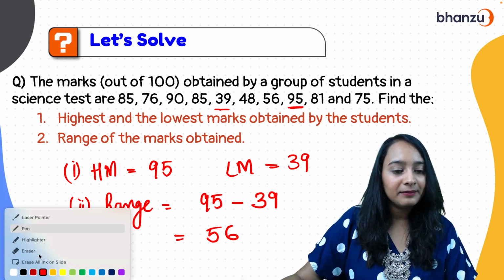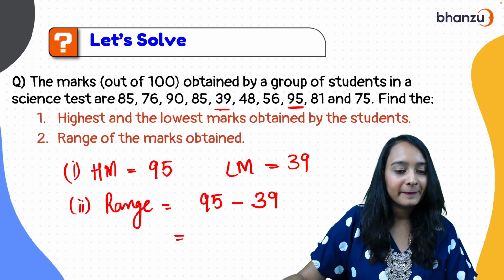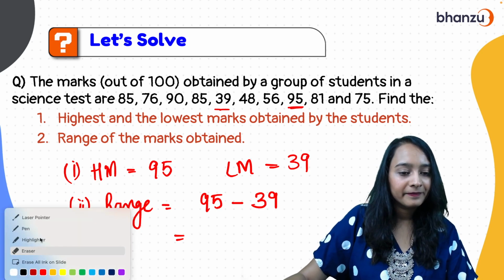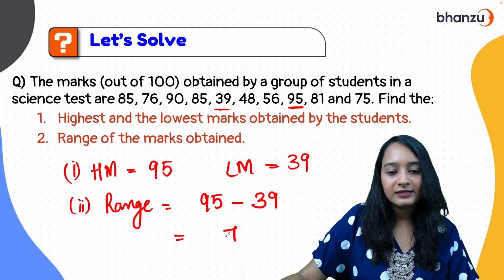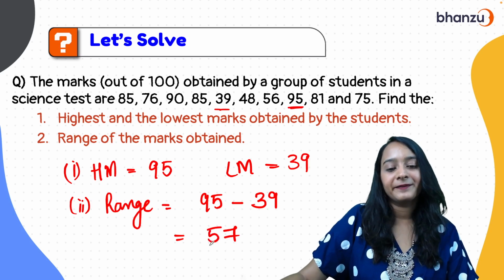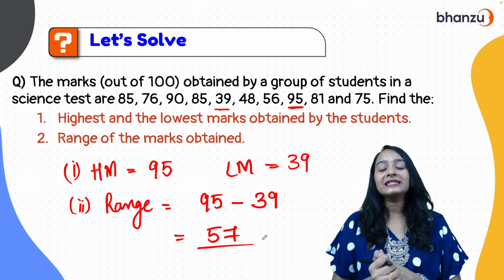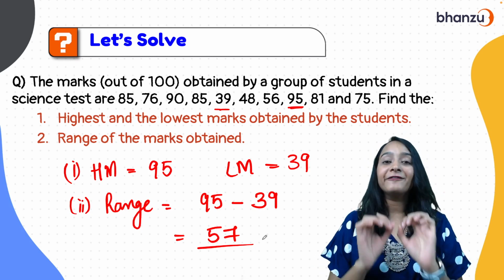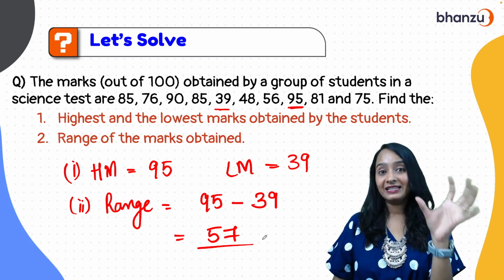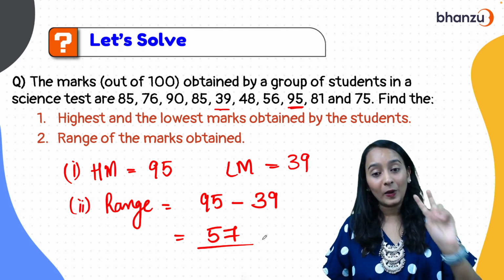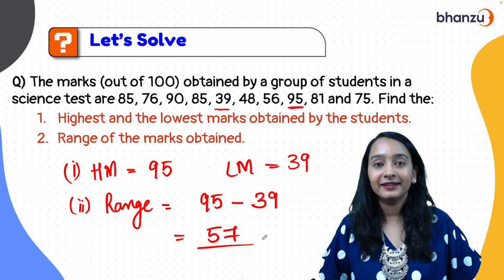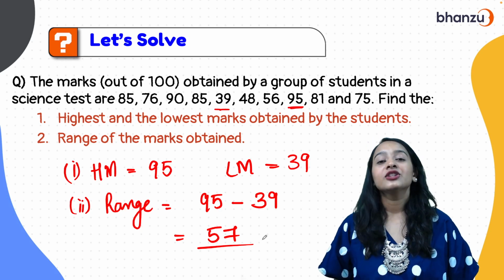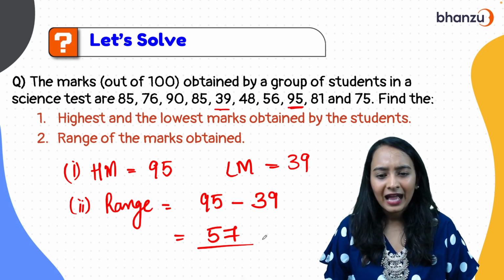I am extremely sorry about this. 95 minus 39 will give you 56. So please remember, whenever you have questions related to range, you definitely have to find the highest value. Please cross check twice. Is there any number greater than that? Cross check, and then you can proceed further.